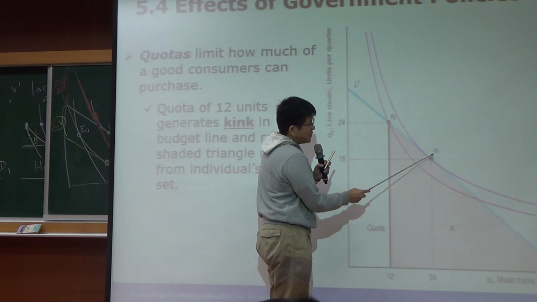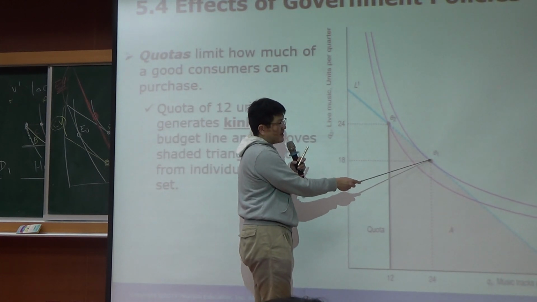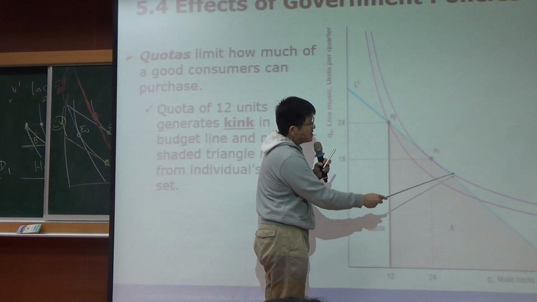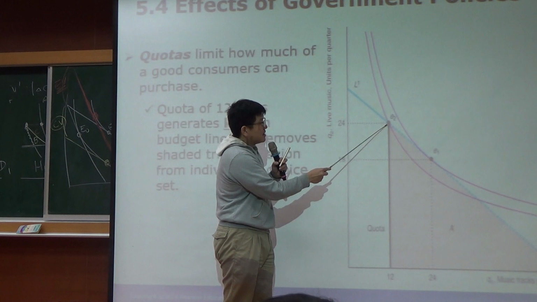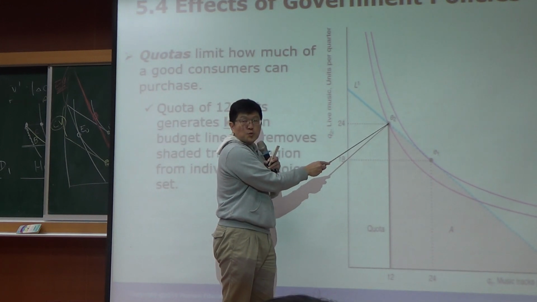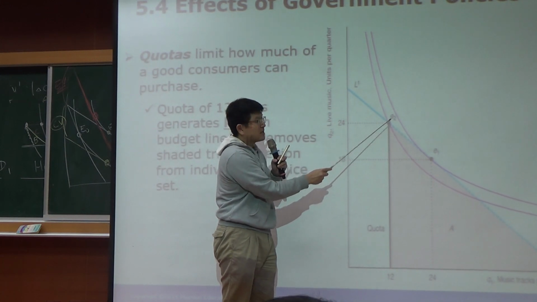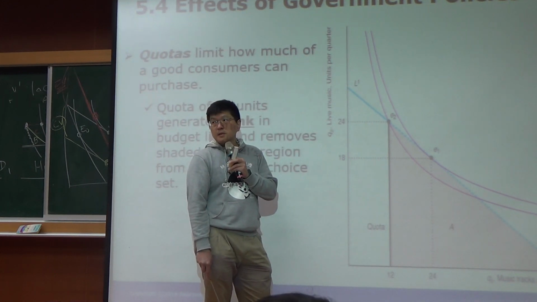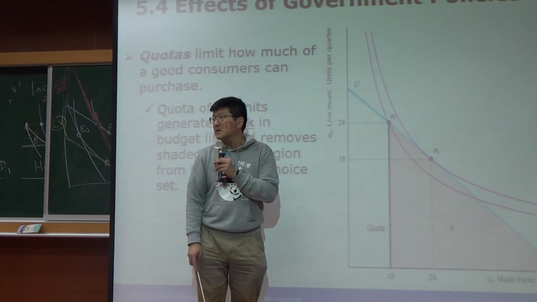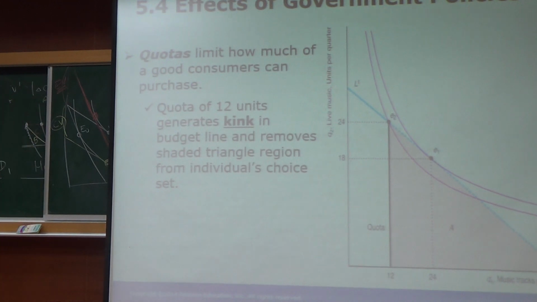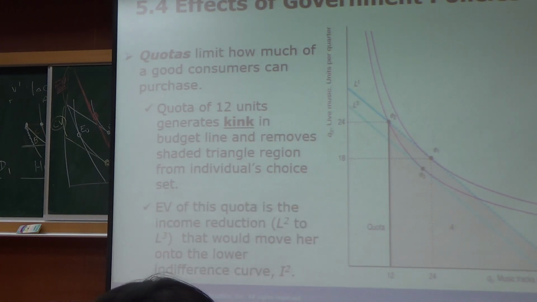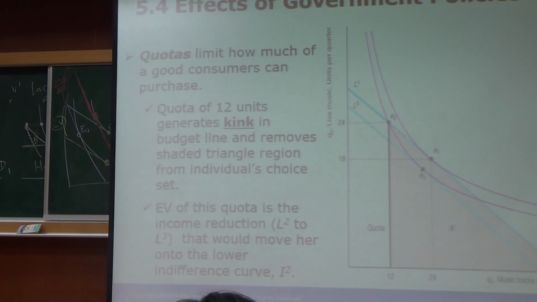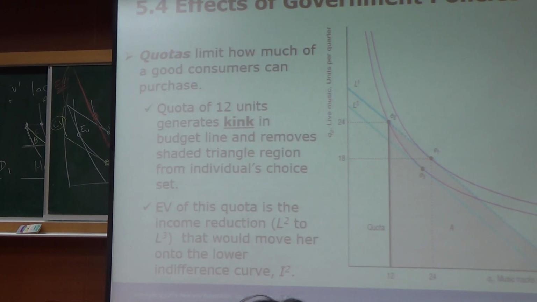Initially you may consume up to this point and get a higher utility. However, with the quota limit, your optimal consumption would be at E2. Now let's talk about the EV or CV issue here.